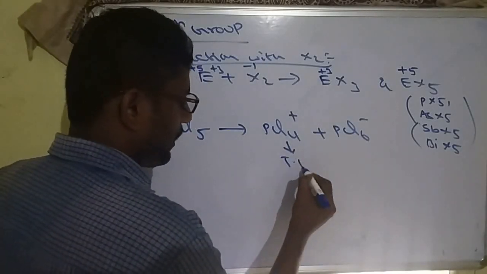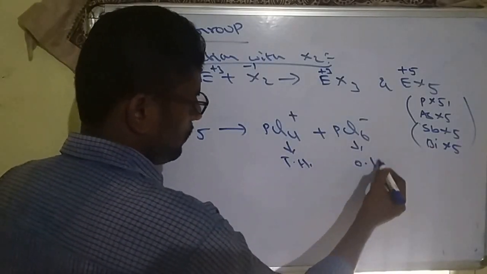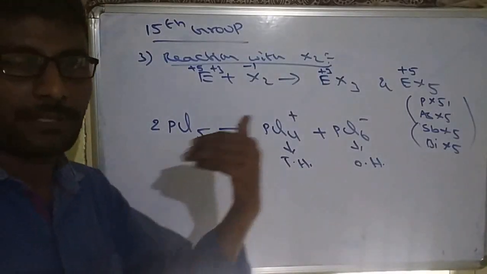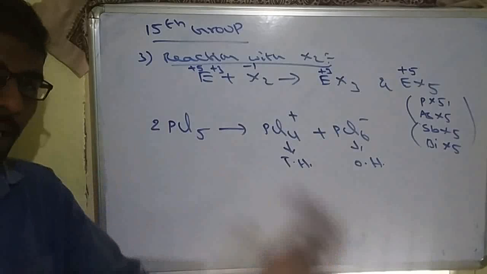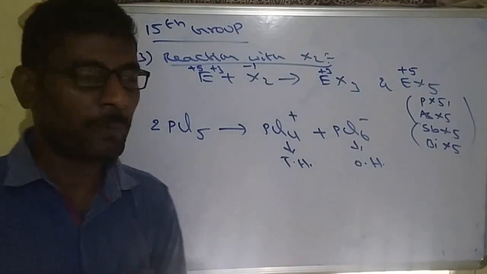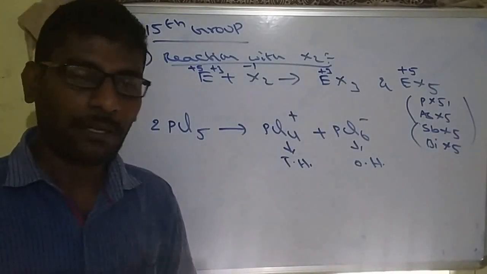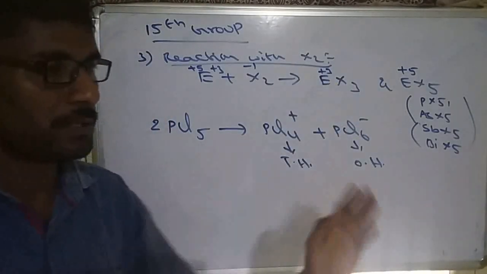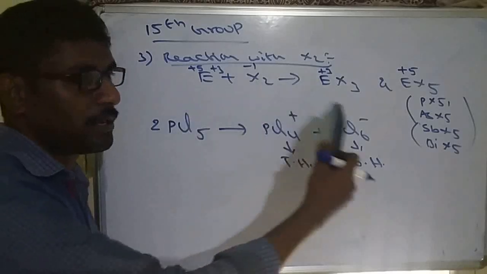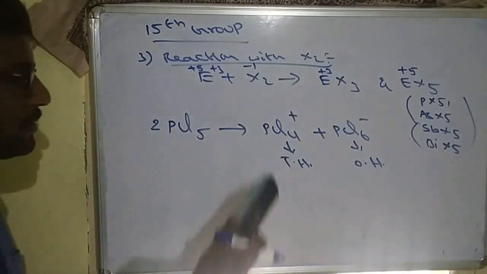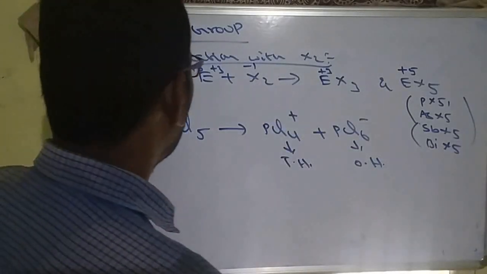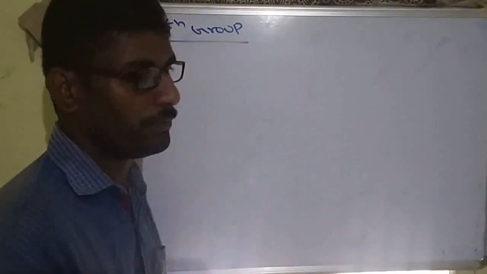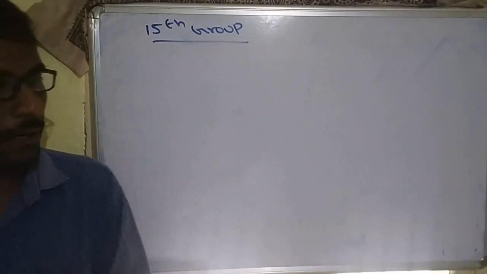So in the solid state it exists in ionic form, PCl4+ and PCl6-. PCl4+ is tetrahedral and PCl6- is octahedral. So in the gaseous state PCl5 is sp3d hybridization, trigonal bipyramidal geometry. But in the solid state it has two structures, tetrahedral and octahedral. This is most important. In the solid state it is converted to an ionic compound, PCl4+ and PCl6-. So all these are the chemical properties of the 15th group with hydrogen, with oxygen, with halogen.